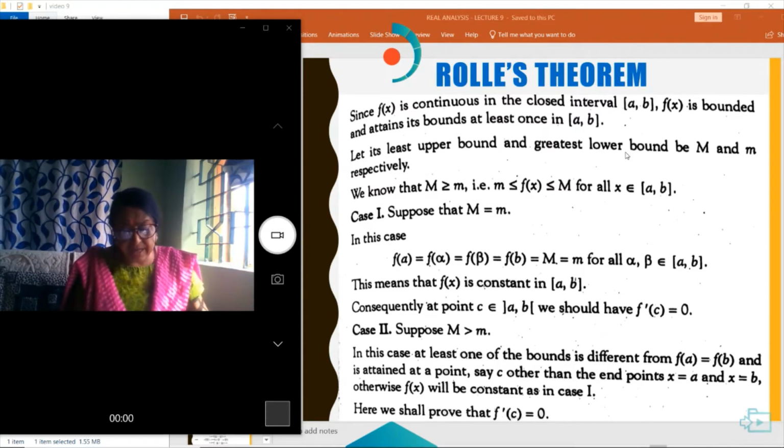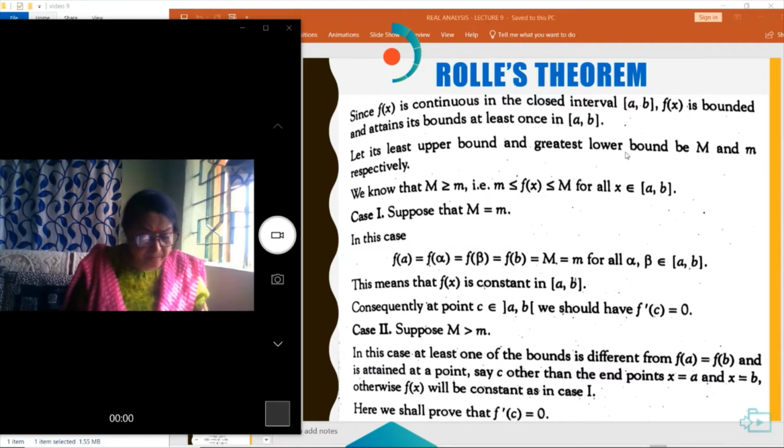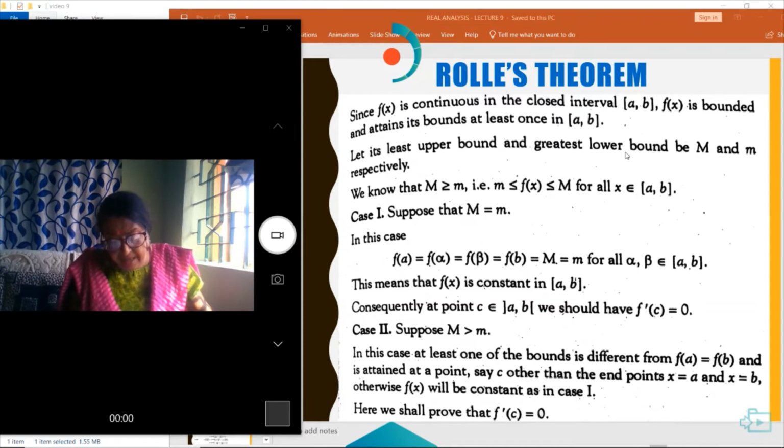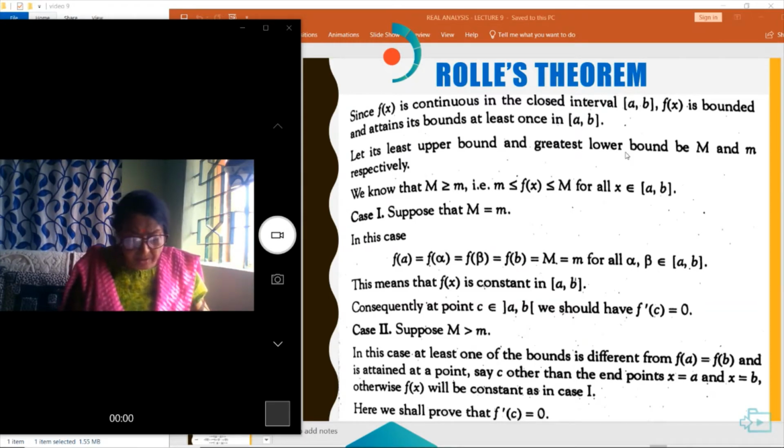Now, suppose that capital M is greater than small m. In this case, at least one of the bounds is different from f(a) and f(b), and it is attained at a point, say c, other than the points x equal to a and x equal to b.